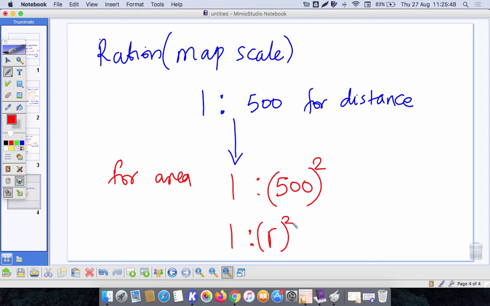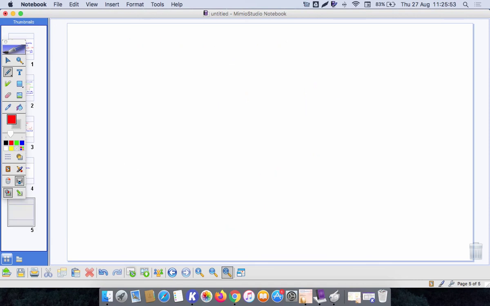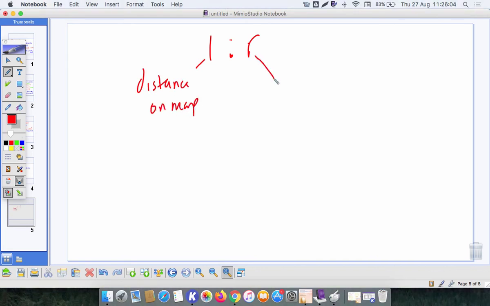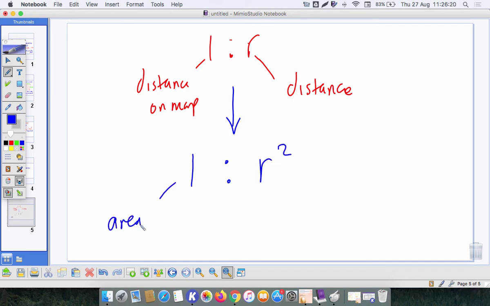Now remember, for the previous questions, we were given a ratio of 1 to r, meaning distance on map to distance on ground. Now, if we want to calculate area, this same ratio which was given to us, we transform to 1 to r squared.